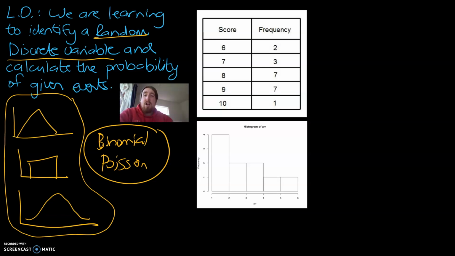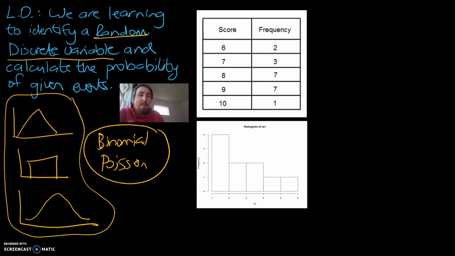So there's kind of a catch-all area of statistics, which just lets us analyze any random discrete variable and come up with some probabilities, means, and standard deviations coming from those variables. So what I've got in the center of our screen, the two white boxes, are two examples of random discrete variables.